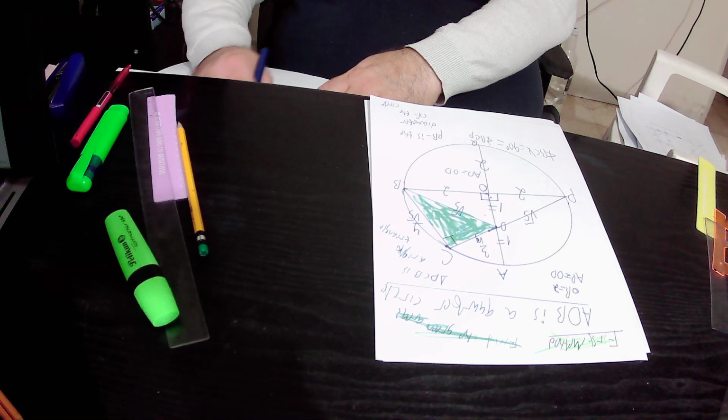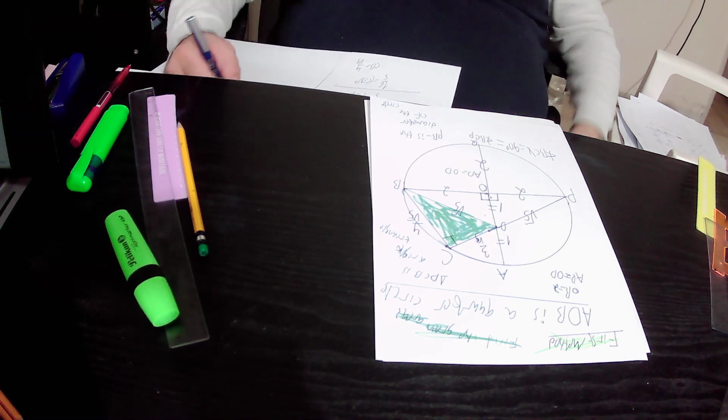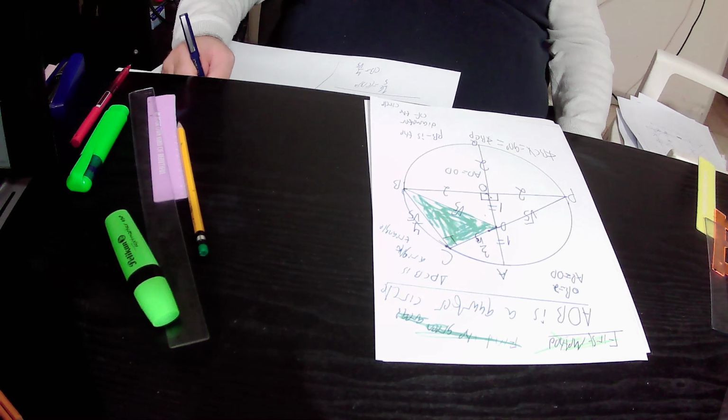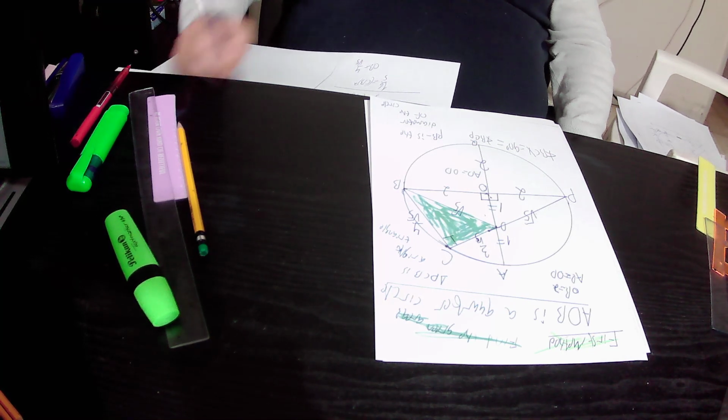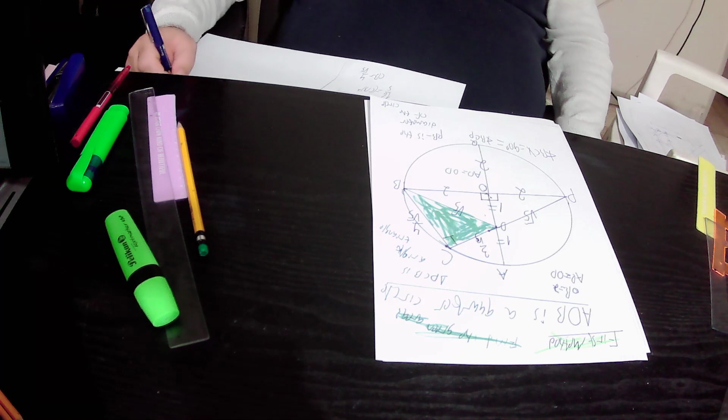The area of the right triangle DCB will be equal to the base, DC, times the height to the base, CB, over 2.